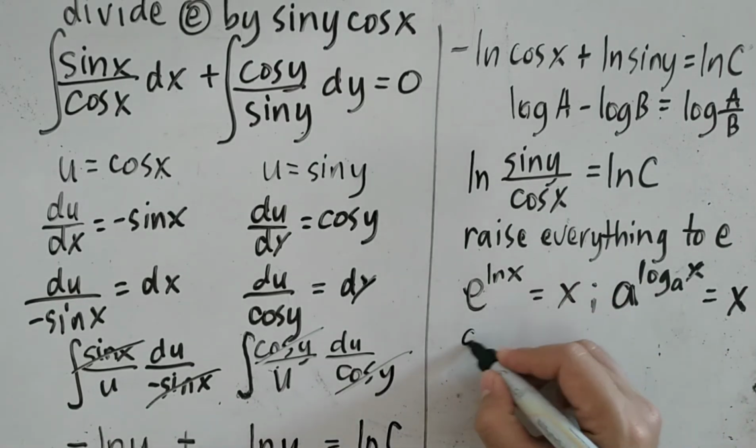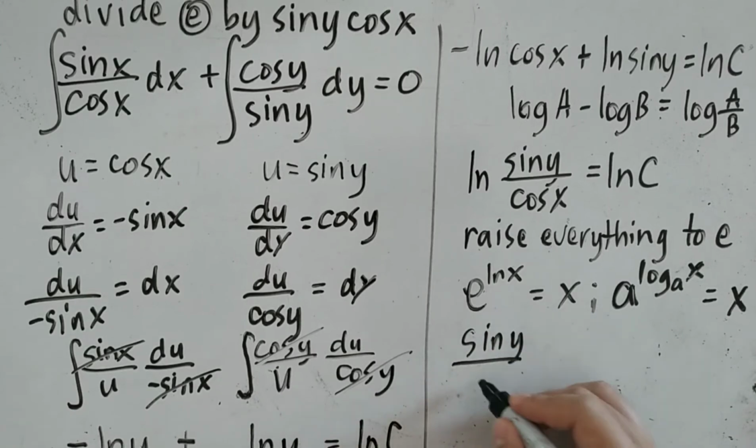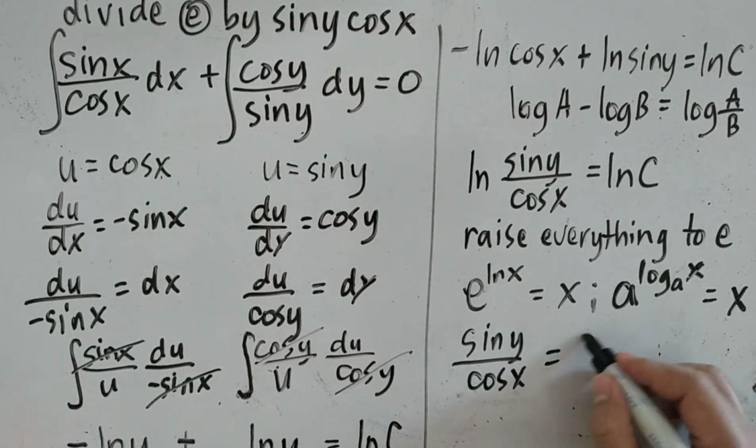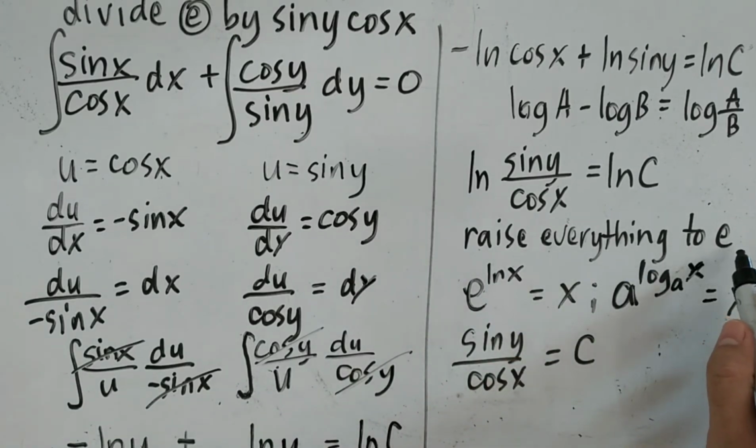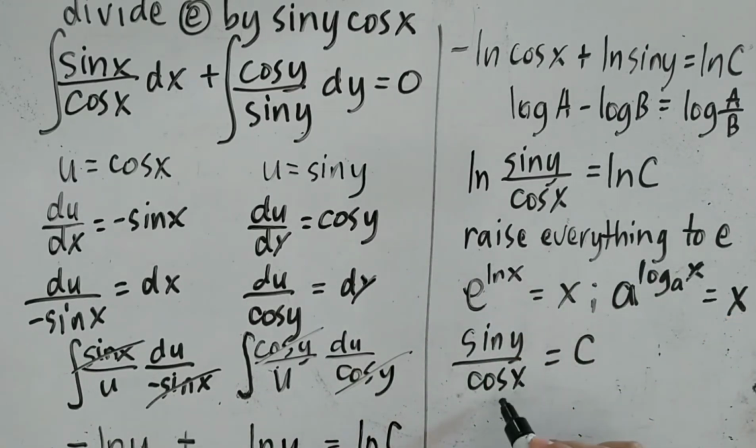So this becomes sine y over cosine of x equals c. Ln cancels because we raise everything to e. So sine y over cosine of x equals c, or the final answer would be sine y equals c cosine of x.